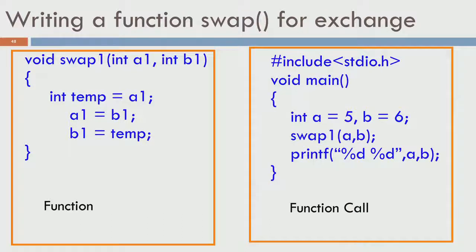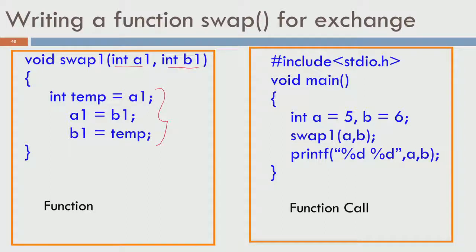Now, I want to take this and write a function instead. I want to take two variables and write a function called swap, which will exchange the variables. It looks like it is straightforward. So, we write a function, we take two variables a1 and b1, and this is the body of code.